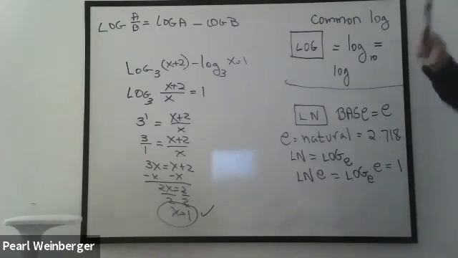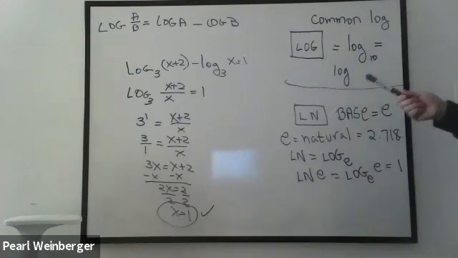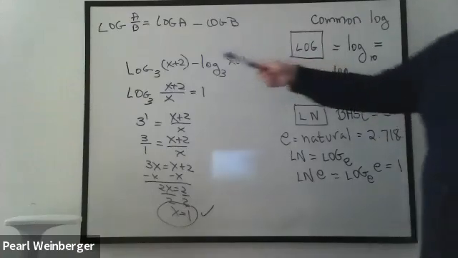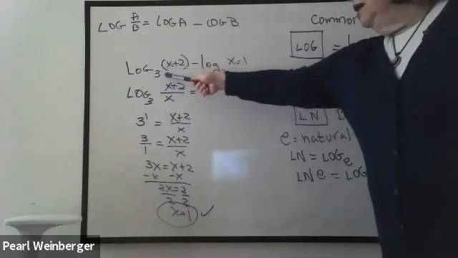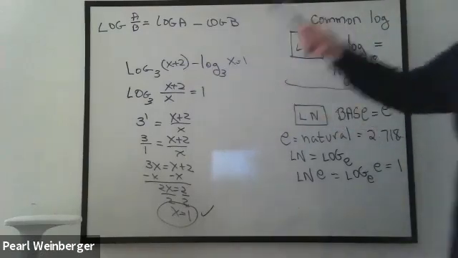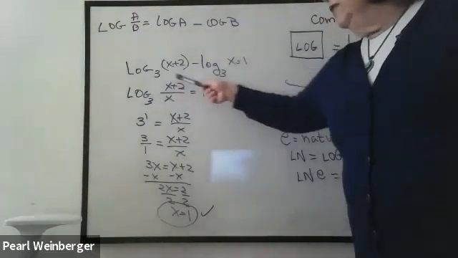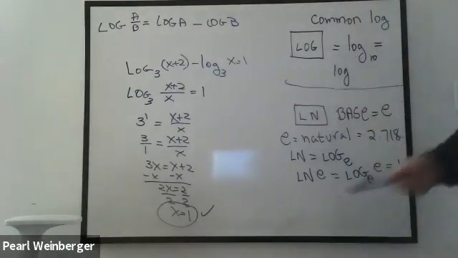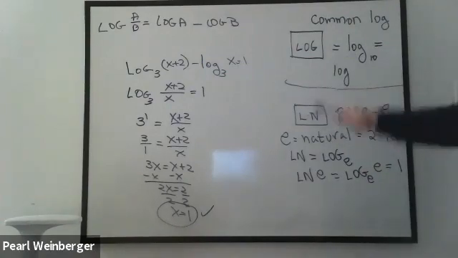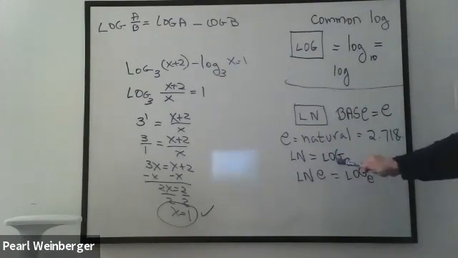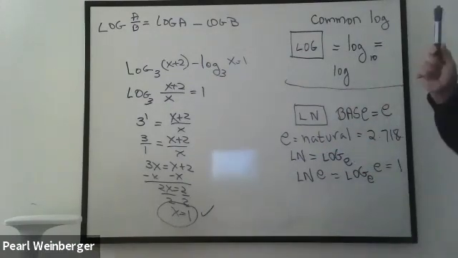But all the things that we talked about with logs work with this ln as well. In other words, if I had ln of x plus 2 minus ln x equals 1, again, I do the same thing. I do ln of x plus 2 over x equals 1. All the rules that apply to logarithms apply to this ln. Just remember, ln is just another way of writing log base E.